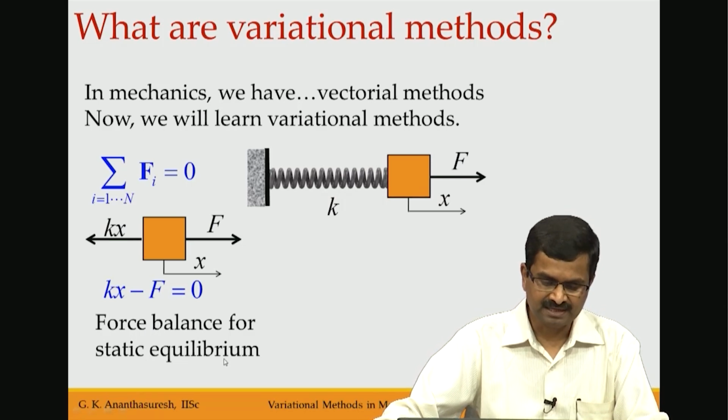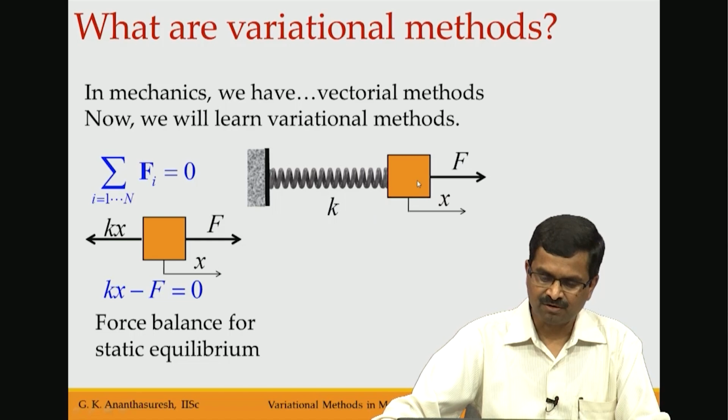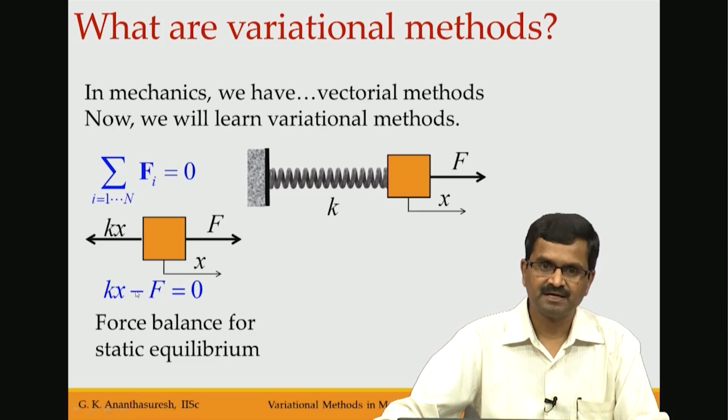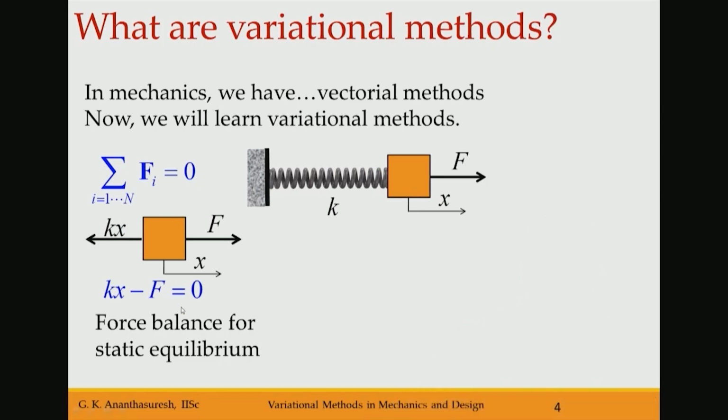Static equilibrium means that the mass, after this force is applied, moves to a new position, which will be determined by this. That new position is given by x equal to F divided by k. That will be the motion or displacement of this mass. In that position, applied force F and this spring force kx will be balancing each other, and that is what we call the vectorial method, where you have forces balancing to become 0.